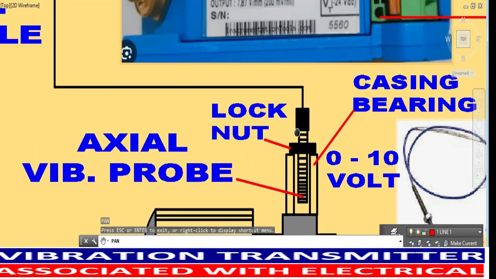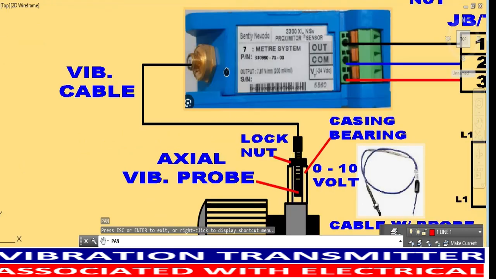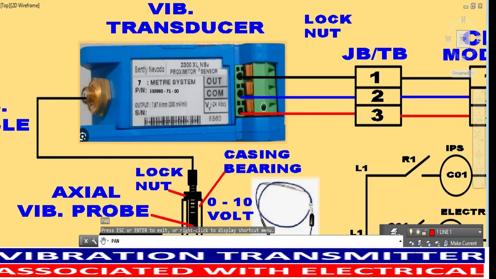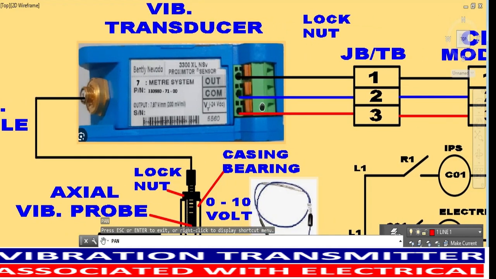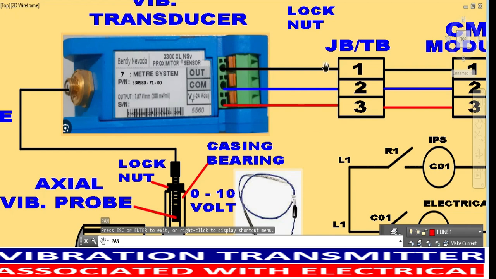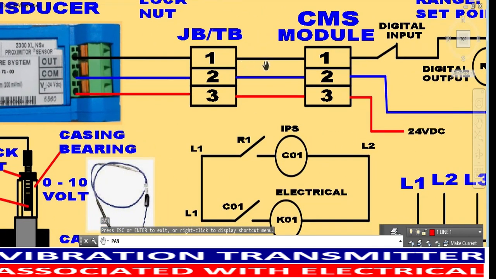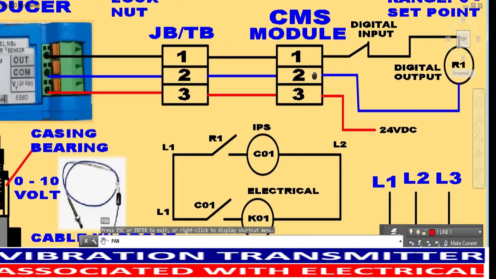The axial vibration probe is connected to the vibration transducer, and the output of the vibration transducer is connected to the junction box. From the junction box, it is connected to the CMS module.